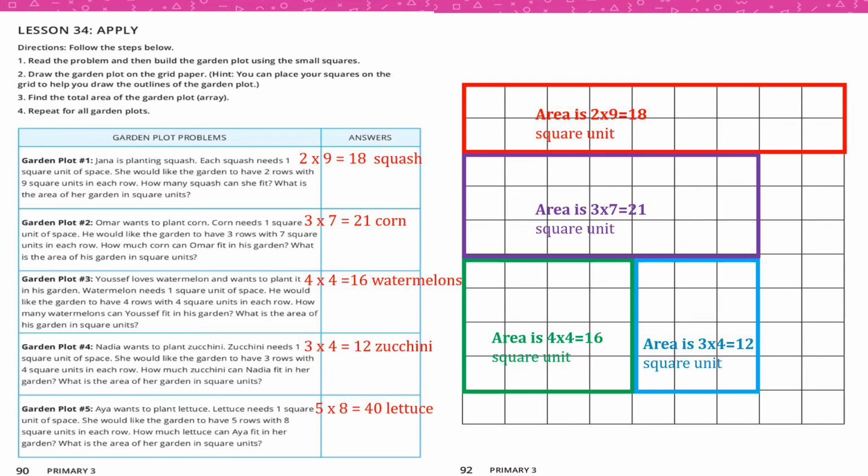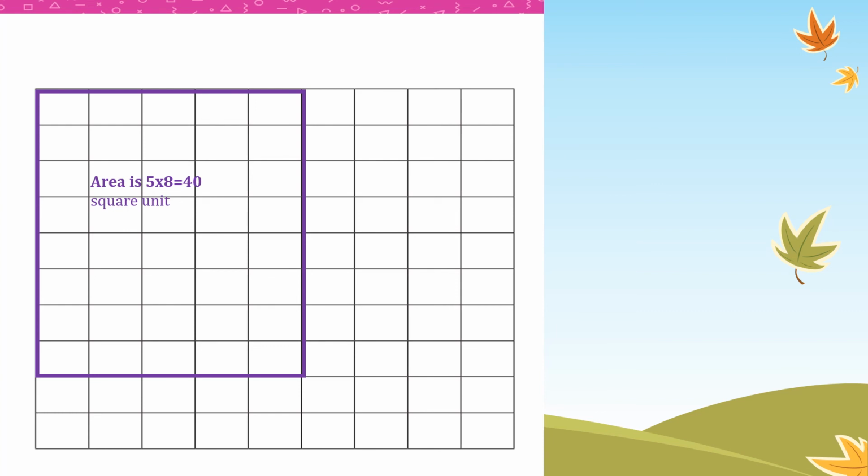It means 5 times 8 equals 40. To draw it, we will draw it on the next page. Here we will draw the garden, which is 5 times 8 equals 40 square units.